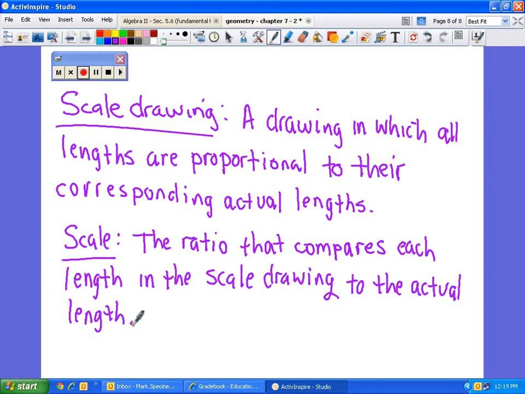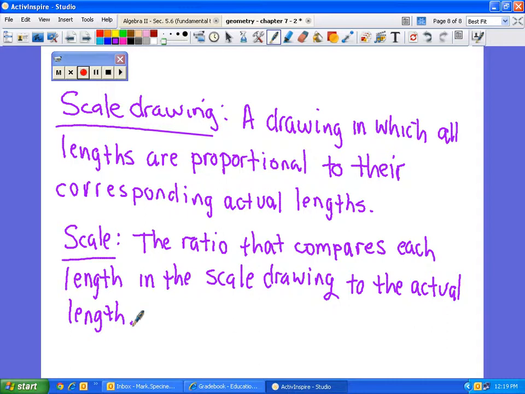Okay, so a scale drawing is simply... can anyone give me an example of where you might see a scale drawing? Blueprints for a building? It's a painting of a person.